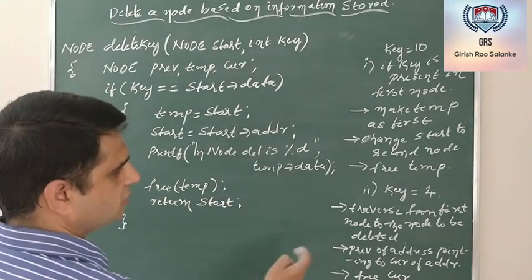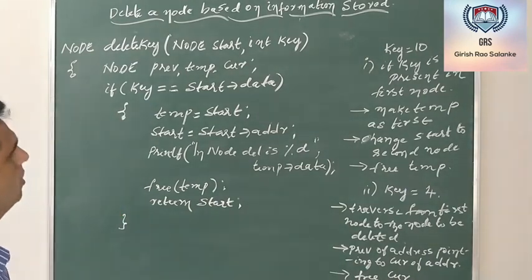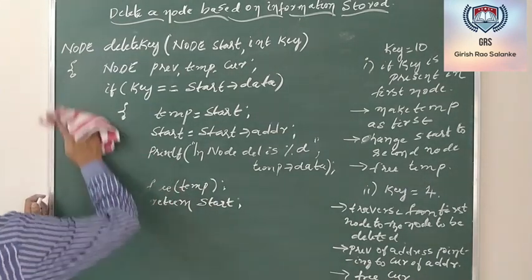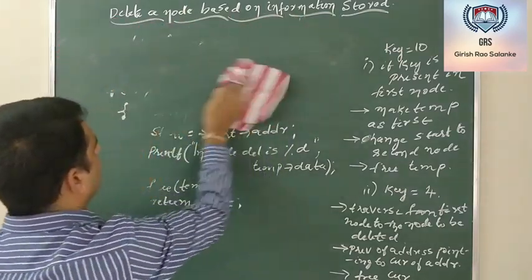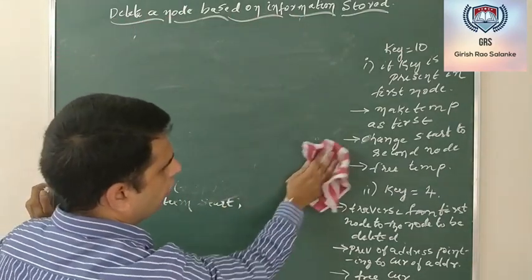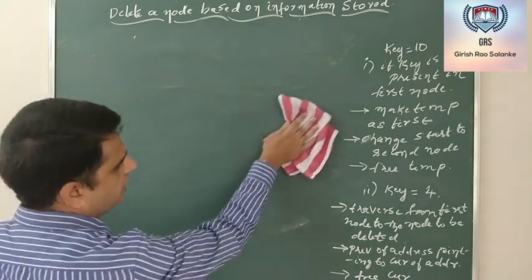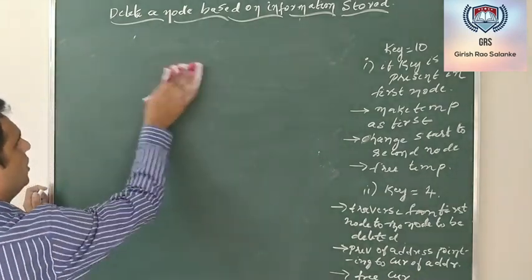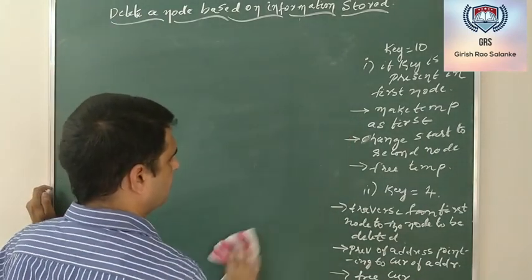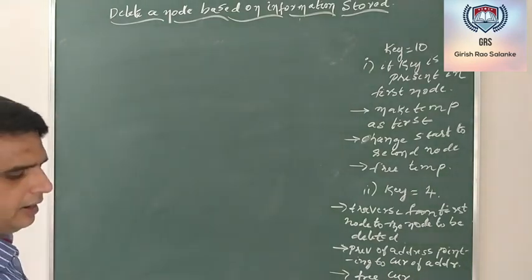Now going to case 2. What are we supposed to do? We need to traverse from the first node to the node to be deleted, until we get the node to be deleted.